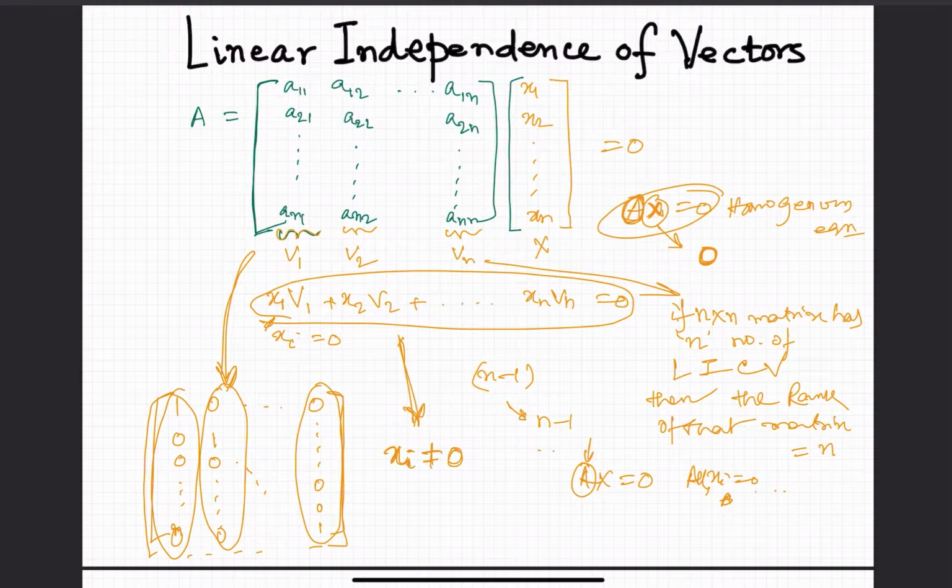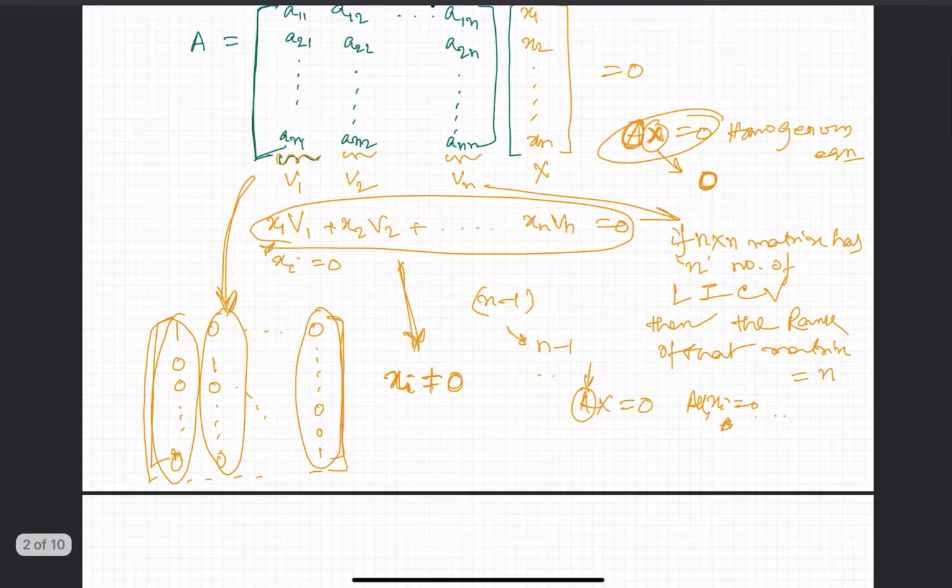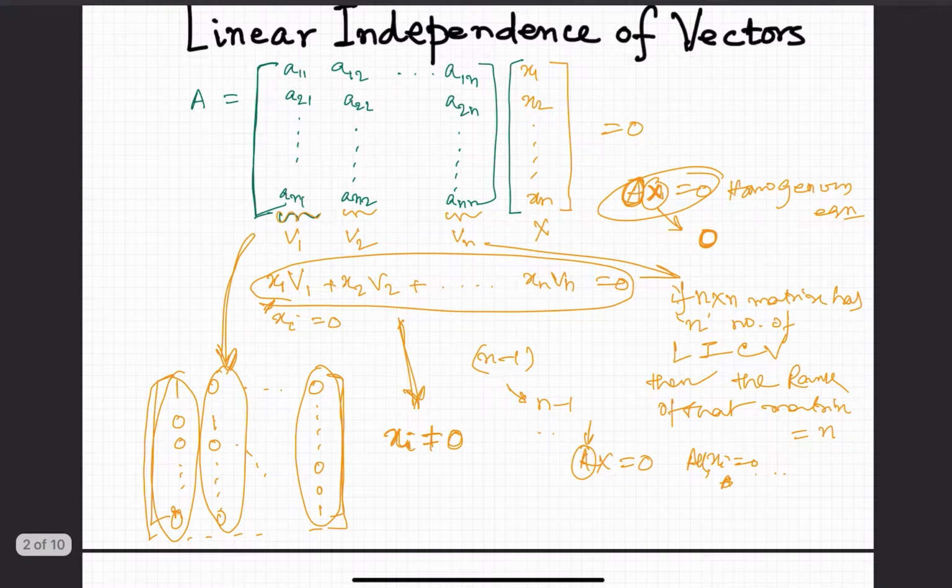So in the previous video we discussed the linear independence of vectors, which was like this: if there are some vectors v1, v2 up to vn, and some constants x1, x2 up to xn, or we can say some variables which would be determined through n number of equations.